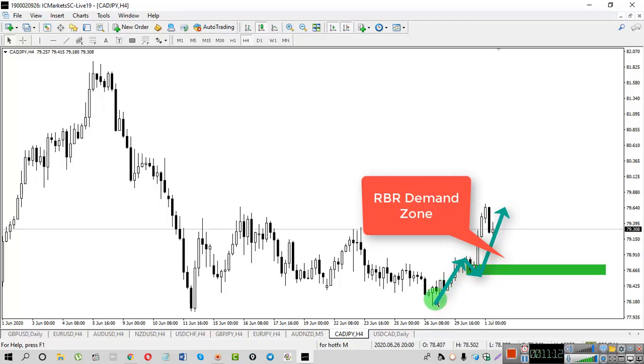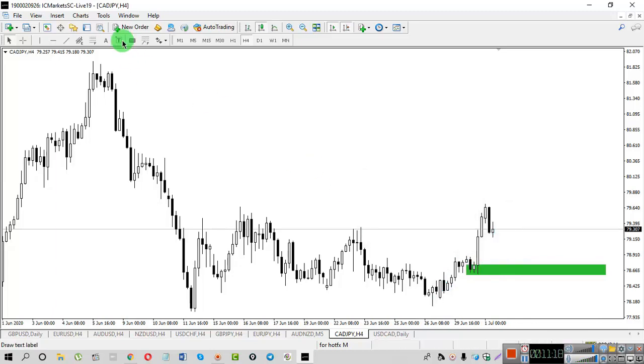We have a nice rally demand zone here, which is fresh, and price imbalance is just great here. We will wait for market to hit this zone, then we will buy this market from this zone upside.